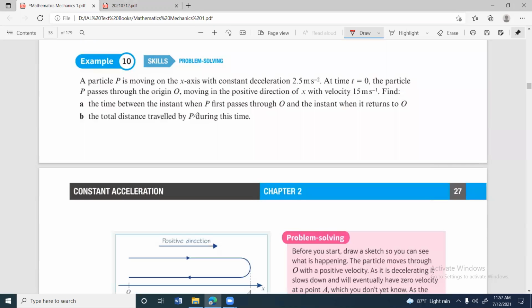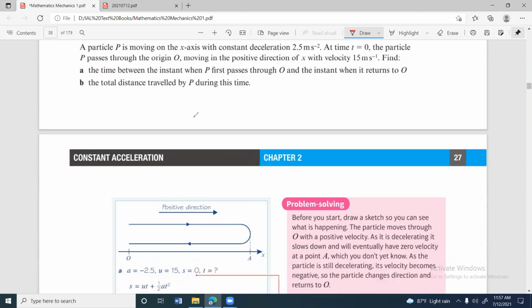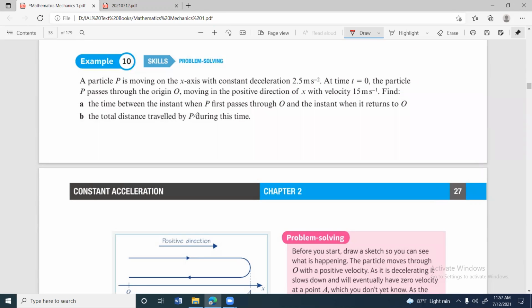Okay, this one also is quite similar to that previous question today. A particle P is moving on the x-axis with a constant deceleration of 2.5. Therefore, we know that a is minus 2.5. At time t equals 0, the particle passes the origin O, moving in the positive x direction with a velocity of 15.